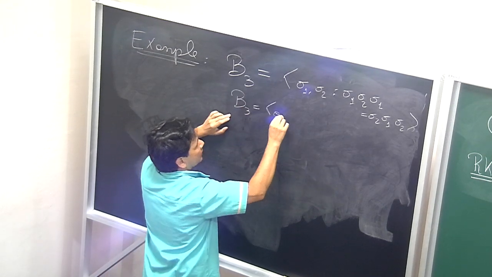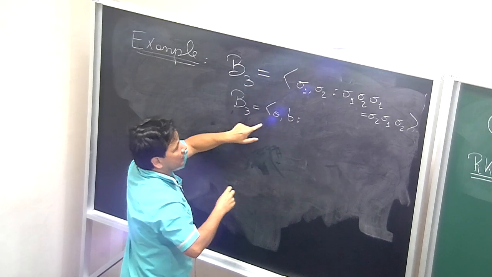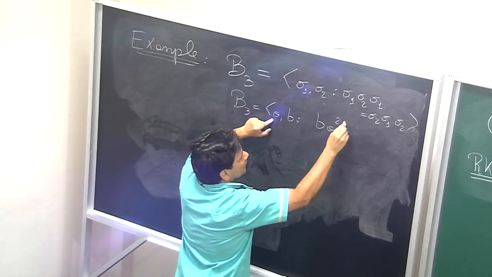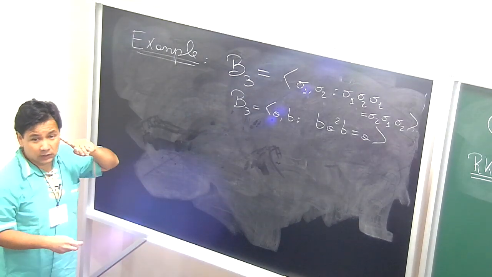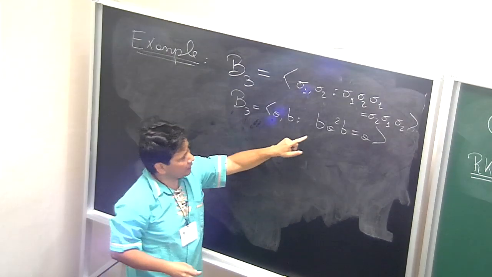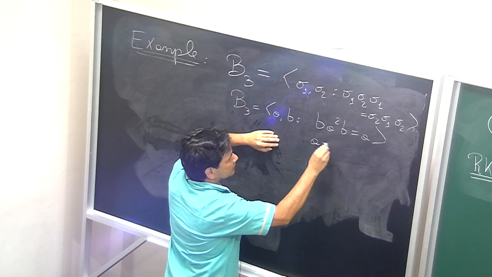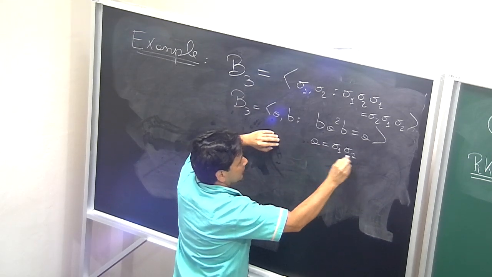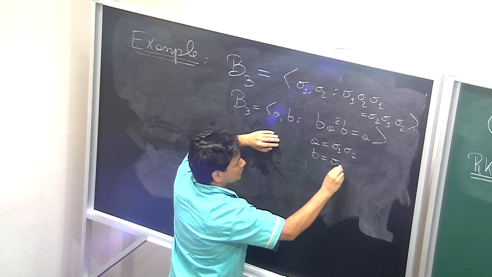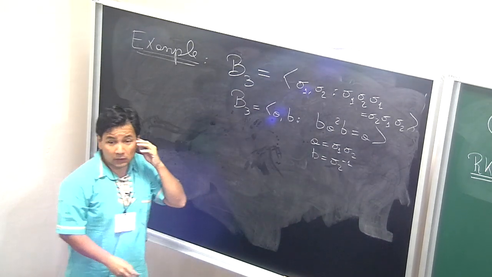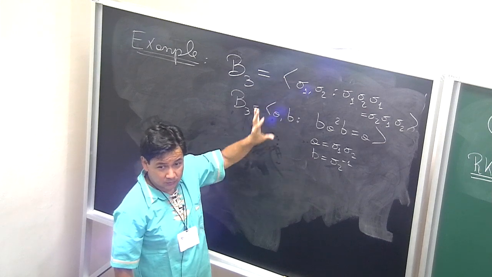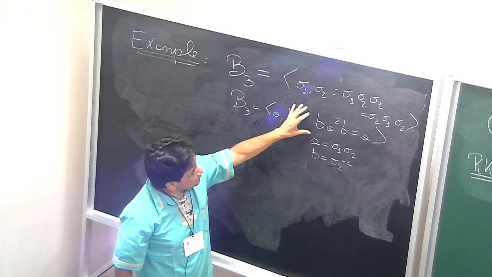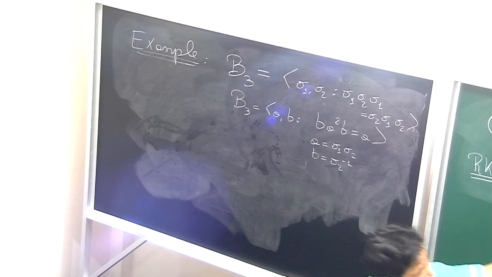I will take the braid group generated by A and B, with A squared B equals A. And I like very much this presentation. Okay? Here, A equals sigma 1 sigma 2 for the canonical generators, and B equals sigma 2 inverse. Okay? You can check that this presentation is equivalent to this one. Okay? And if you look, this presentation is very close to that of the Klein bottle group.